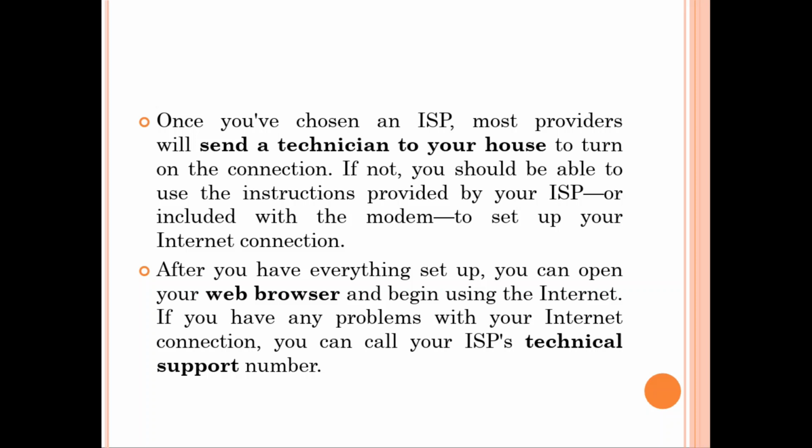Once you have chosen an ISP, most providers will send a technician to your house to turn on the connection. If you use any modem internet setup, the technician will set all of this up. After you have everything set up, you can open your browser and begin using the internet.